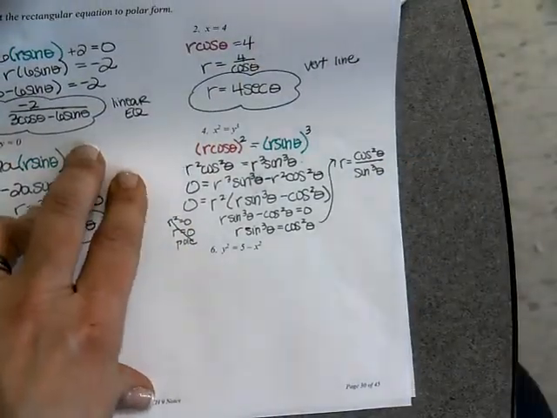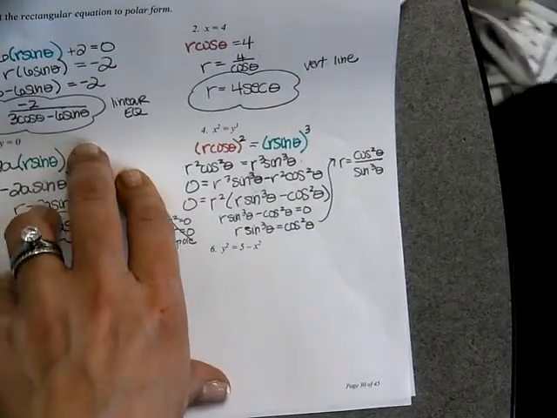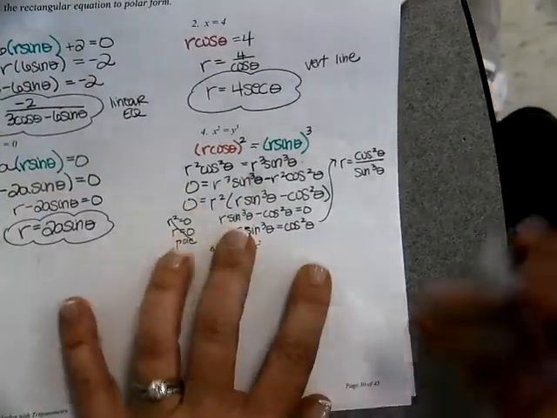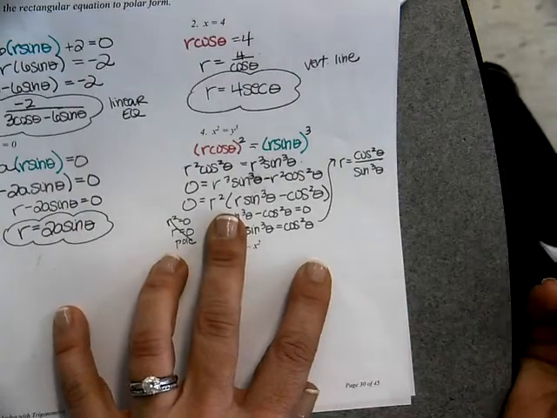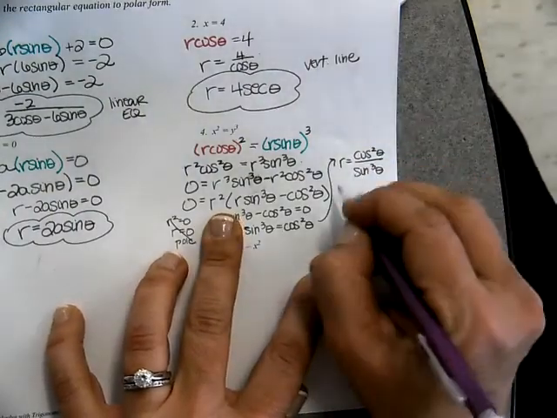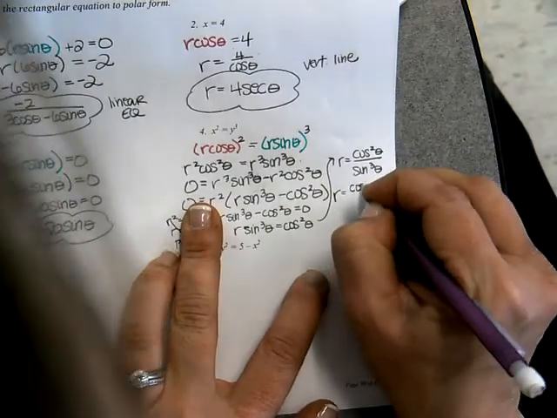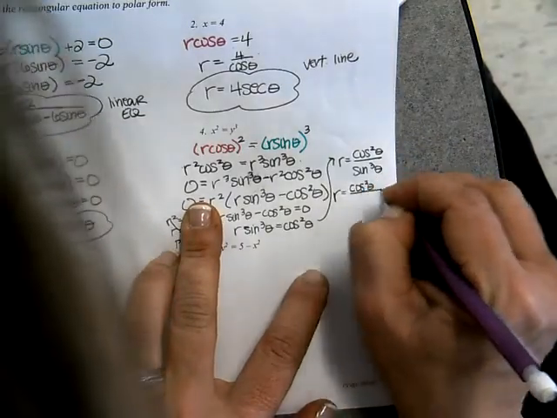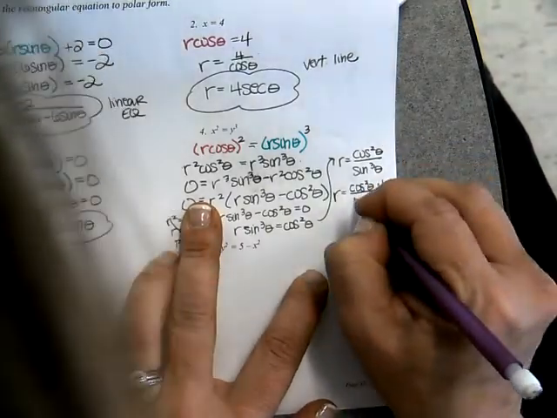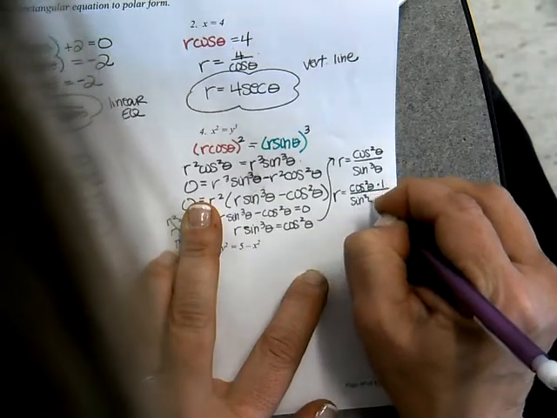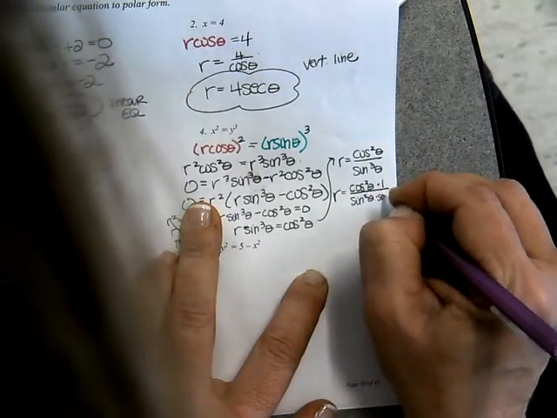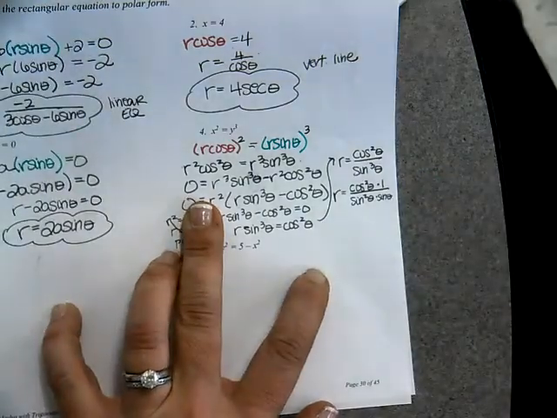Let's think about how we could simplify that. When we were simplifying the trig expressions back in chapter 5, your favorite chapter and mine, this is how we could think about it. I know it's been a while. You could think about this as cosine squared theta times 1, and this down here as sine squared theta times sine theta.